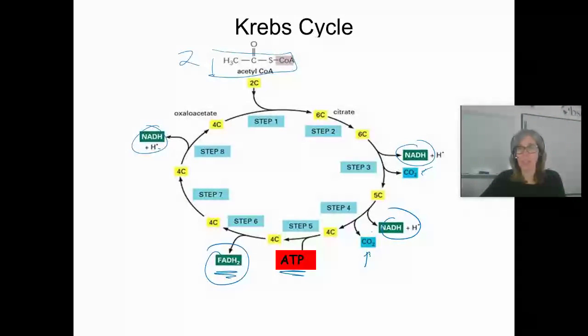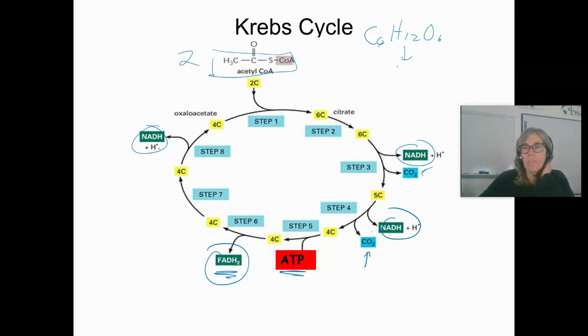If you multiply that, because pyruvate goes through twice, there's 4 carbon dioxides made, which makes sense because if you start with glucose, and you break it down to a half of that, right? Pyruvate just has 3 carbons. And then you break off 1 CO2 and you're left with this thing, acetyl CoA.